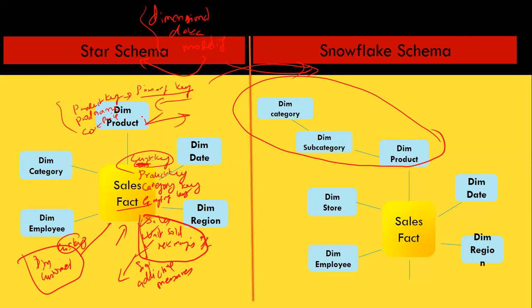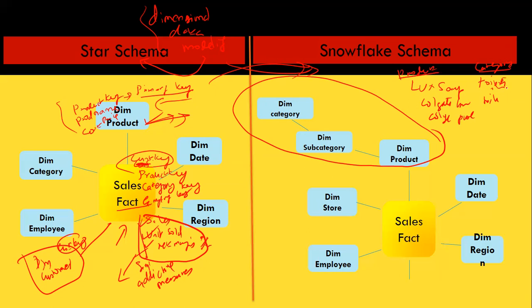See, let's say in the product table in your company, you sell 1 billion products. Let's say you sell Lux soap, and then you sell Colgate toothbrush, Colgate brush, and Colgate paste. Along with this, if you specify the category here, toiletry item, this is my category, and this is my product name.